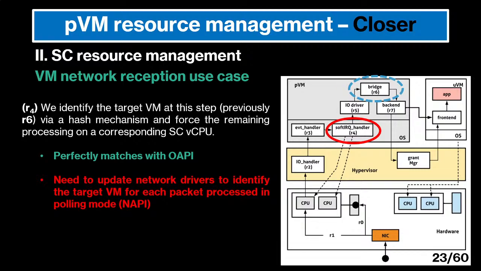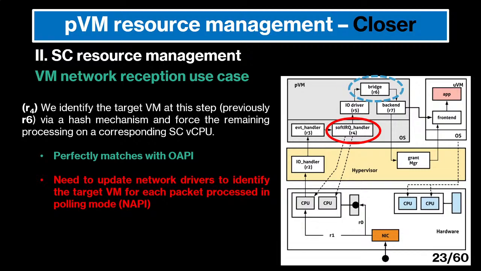So what we did is identify the target virtual machine at this step here using a simple hash mechanism, where each virtual machine has a hash which is sent in each packet at the exterior, and when it comes back at this step, we can identify the target virtual machine. So when we identify a target virtual machine, we can now know on which vCPU we can schedule all the backend processing for the secondary container.